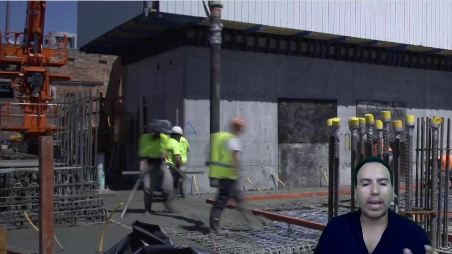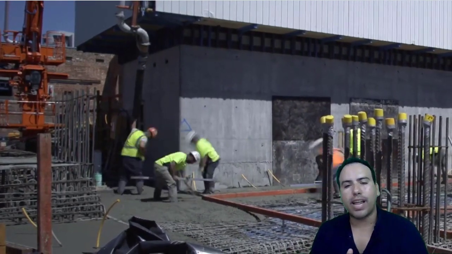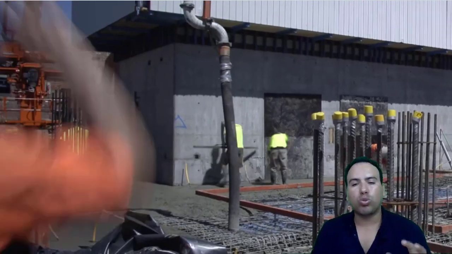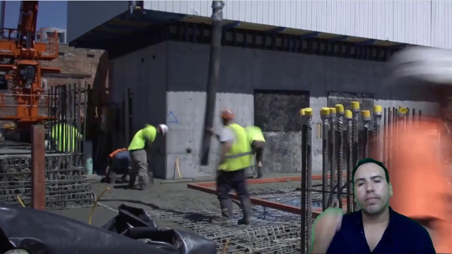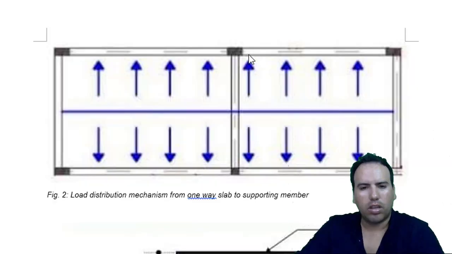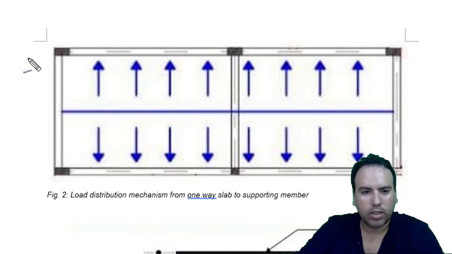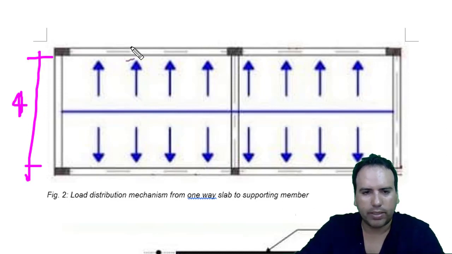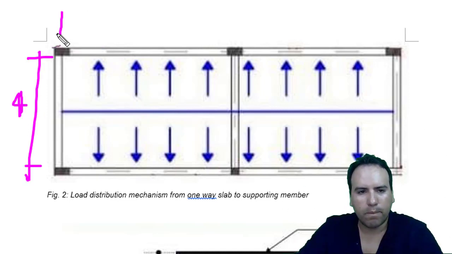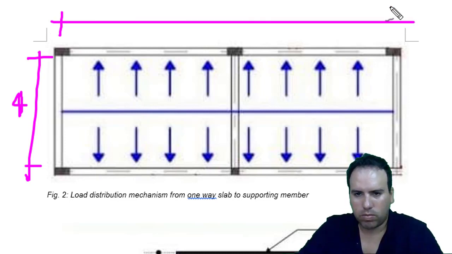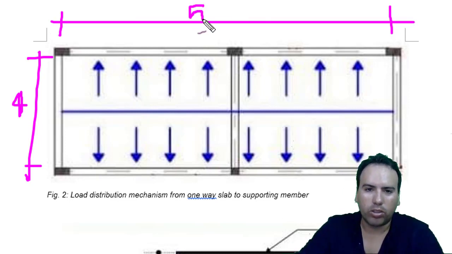The load transfer mechanism from floor slab to supporting elements for one-way slab and two-way slab are shown right now. So there is a one-way slab, and if you see, this could be as short as 2 meters or 4 meters. Let's just say it's 4 meters, and this is 50 meters or something.